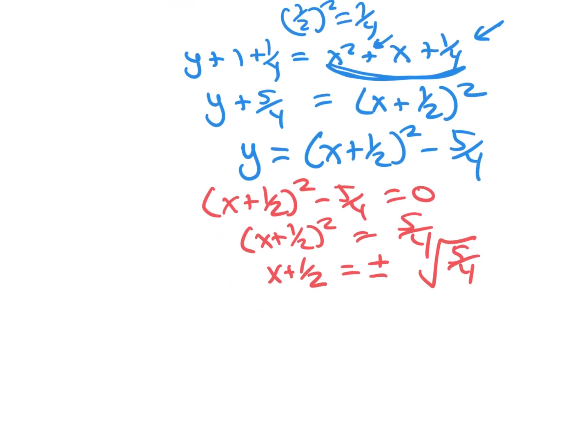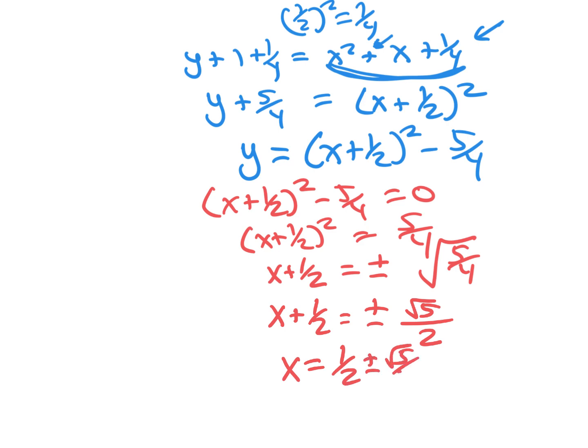Not over 4, sorry. The square root of 4 is 2. Over 2. So x equals 1/2 plus or minus root 5/2. That's the x values where that equals 0.